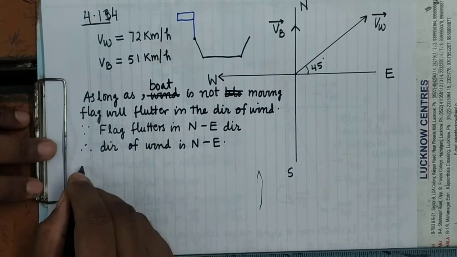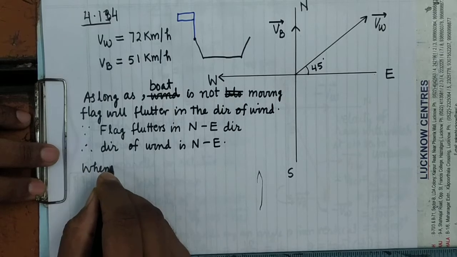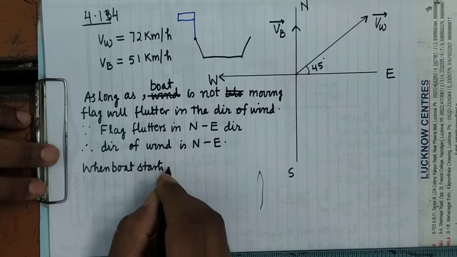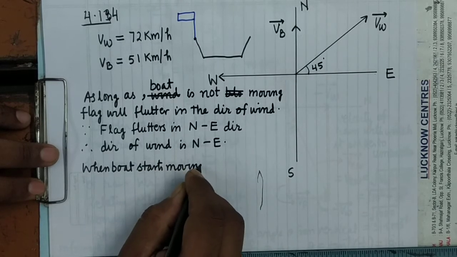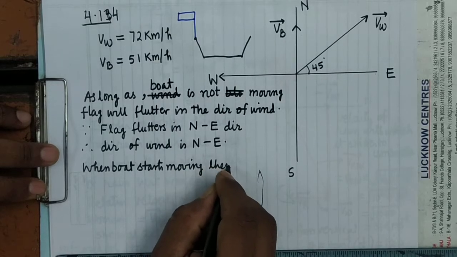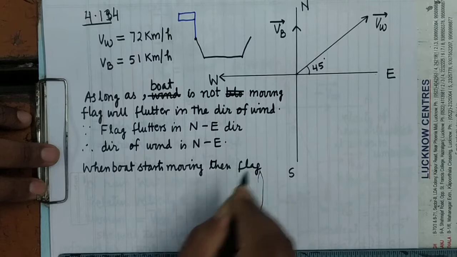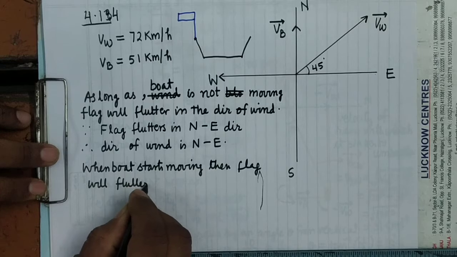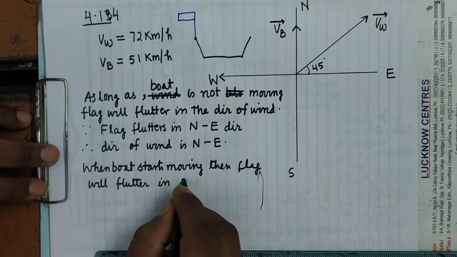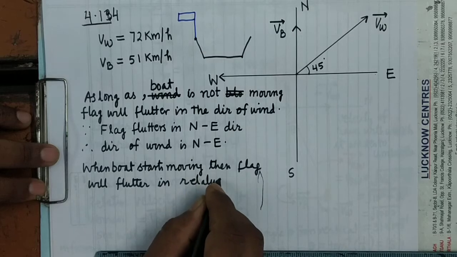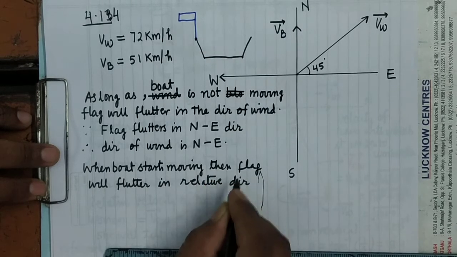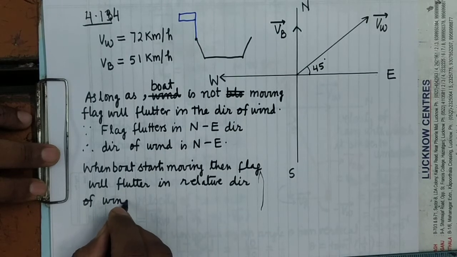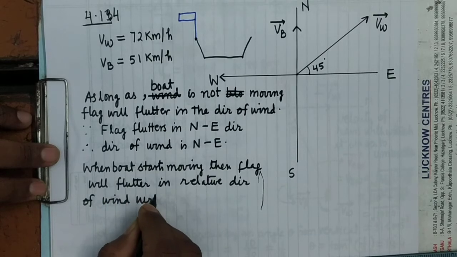Now see here, when boat starts moving, then flag will flutter in relative direction of wind with respect to boat.